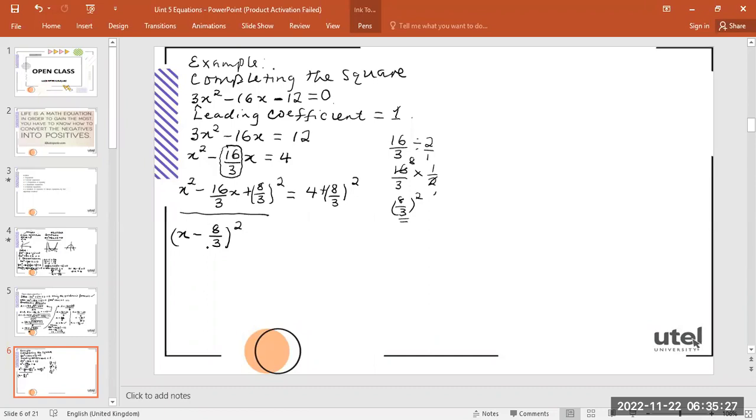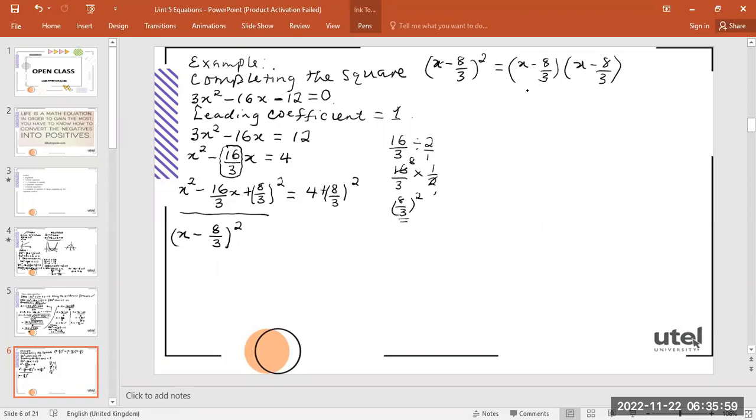What this is simply telling us is that the whole of this number on the left-hand side is exactly the same thing as this. And you agree with me that x minus 8 over 3 squared is the same thing as x minus 8 over 3 multiplied by x minus 8 over 3. Because that's what this expression is telling you, that you have x minus 8 all over 3 twice, 2 times.